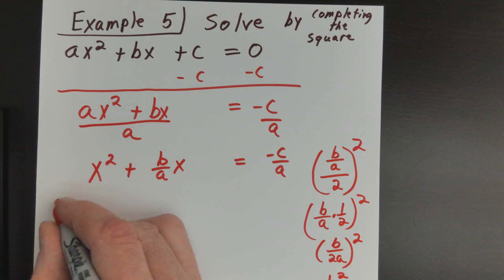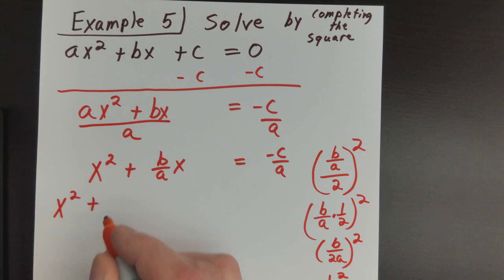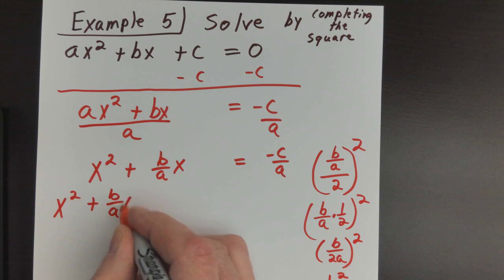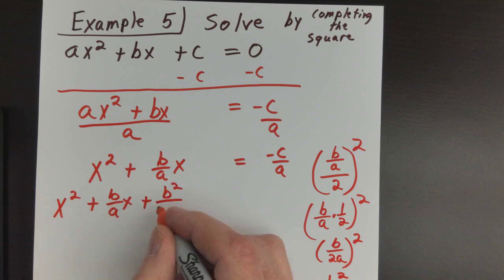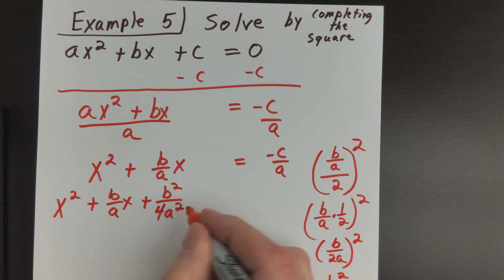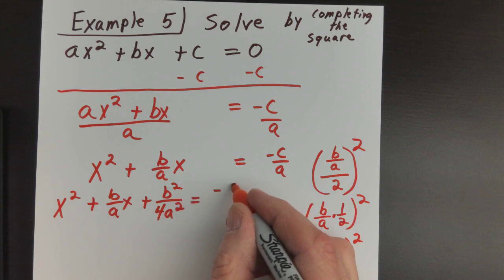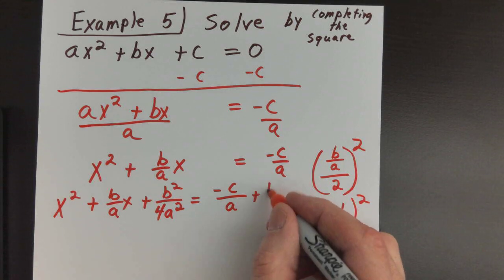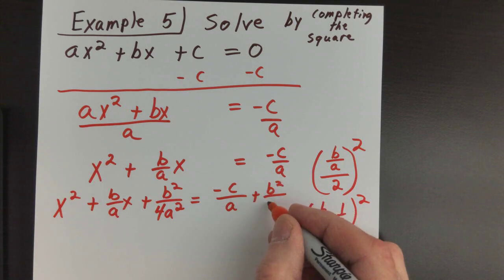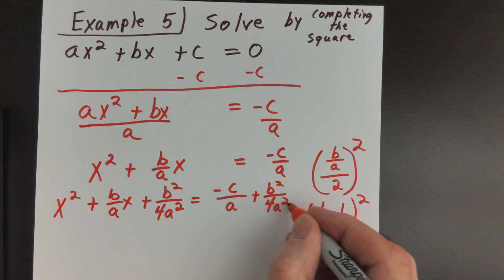Let me do it where I have a little bit more room. x squared plus b over a x plus b squared over 4a squared equals negative c over a plus b squared over 4a squared.